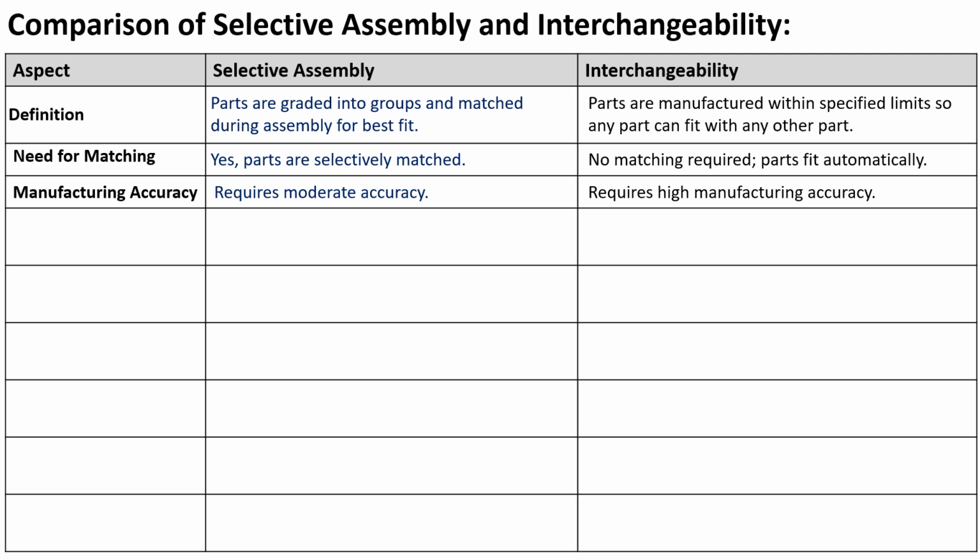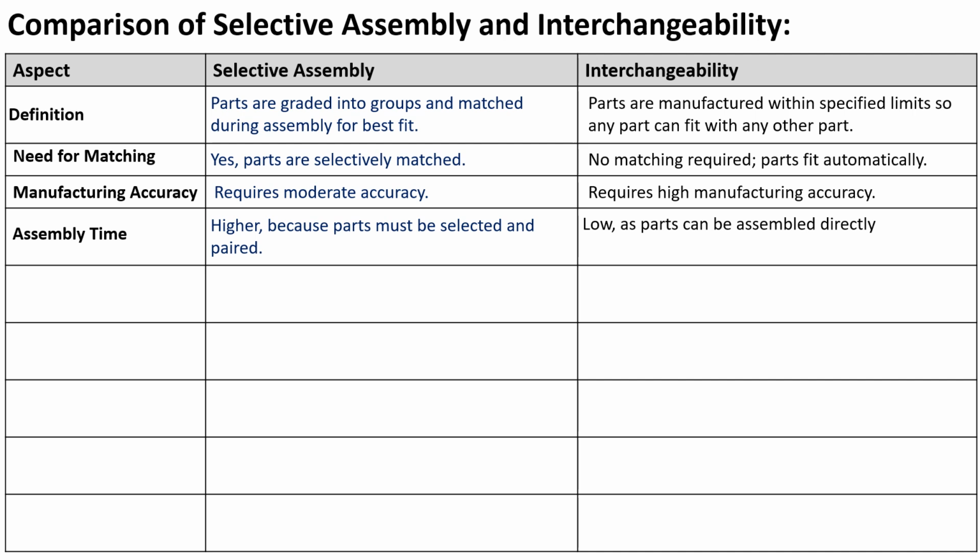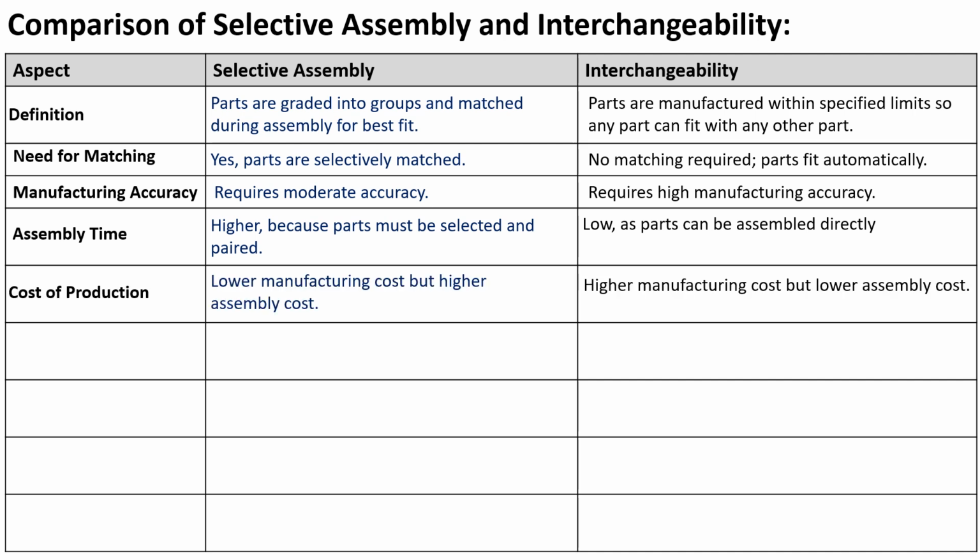Manufacturing accuracy is moderate in selective assembly, but in interchangeability high manufacturing accuracy is required. In selective assembly, assembly time is higher, but in interchangeability assembly time is low. From a cost point of view, selective assembly has lower manufacturing cost but higher assembly cost, but interchangeability has higher manufacturing cost but lower assembly cost.